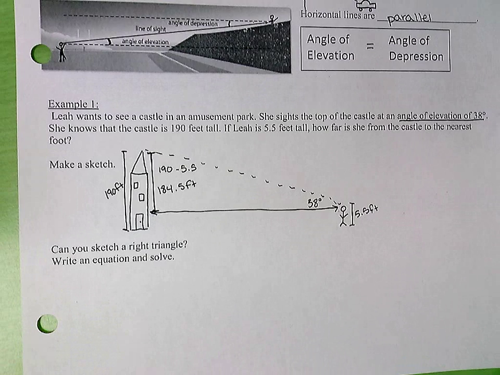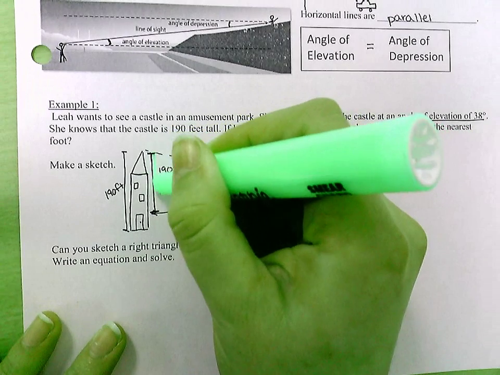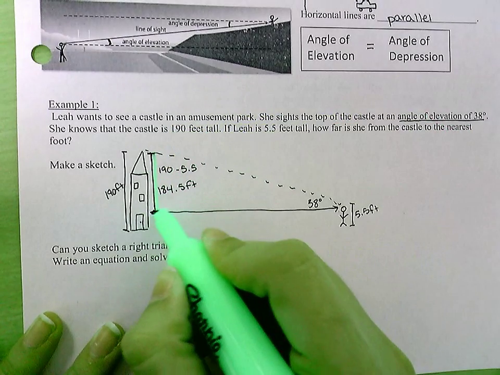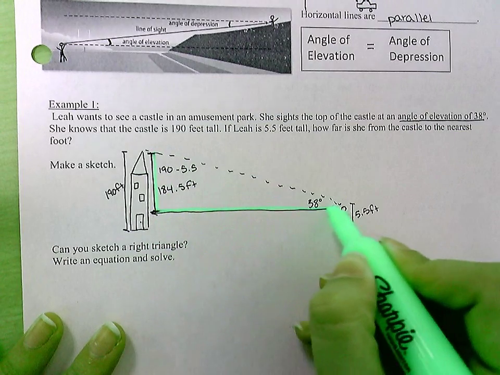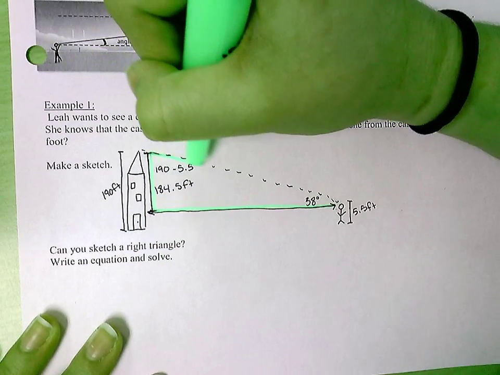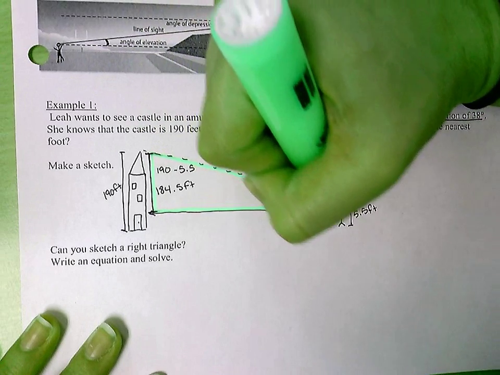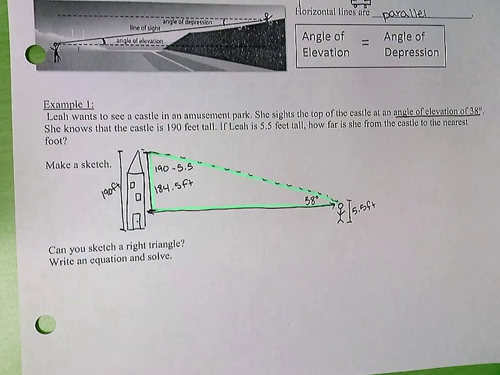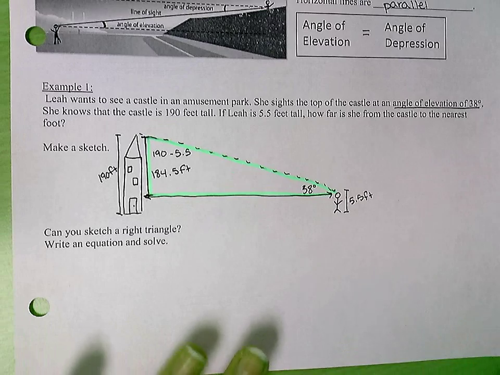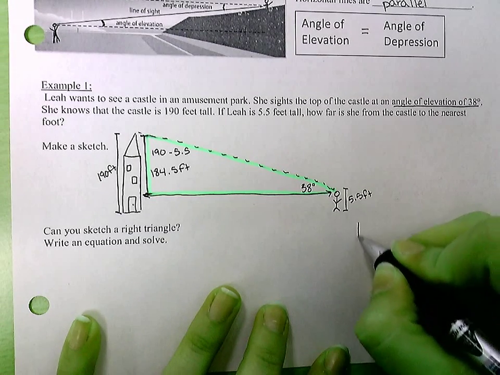Now, do you kind of see this right triangle formed in there? All right, this is your right triangle that was formed. If you can't see it or it's hard because your picture gets in the way, take that right triangle and redraw it off to the side.